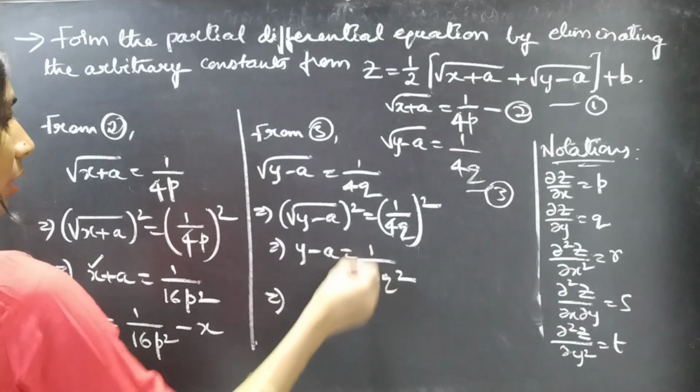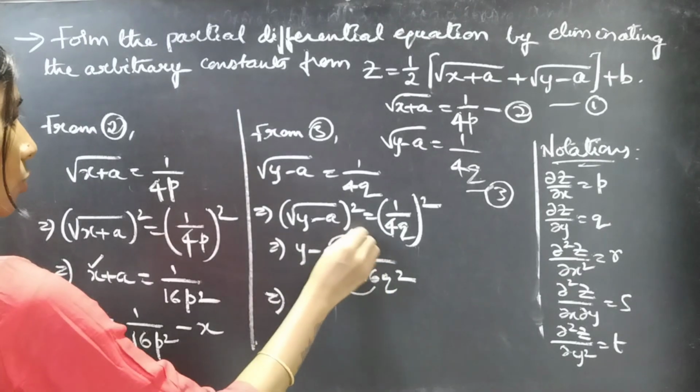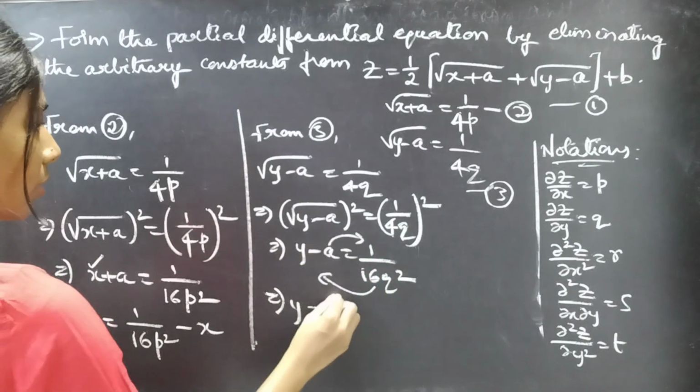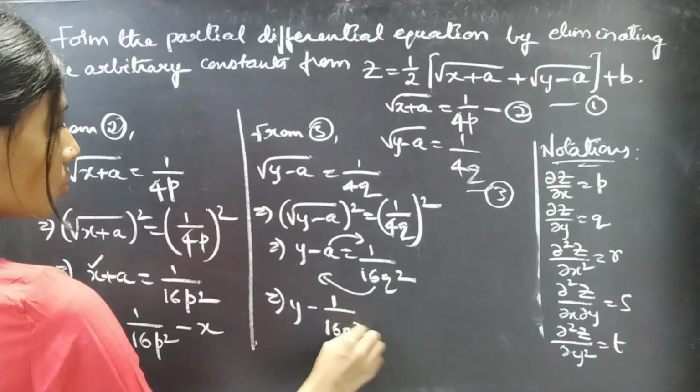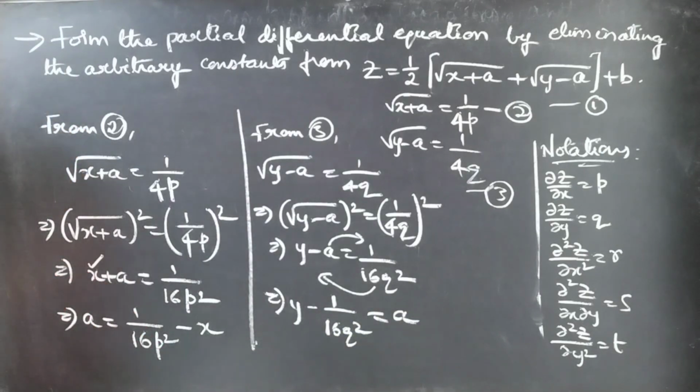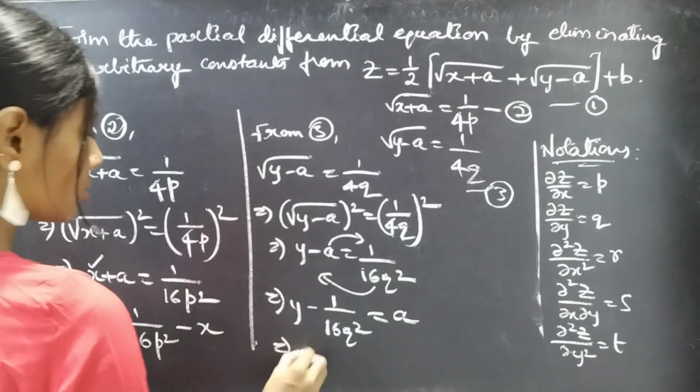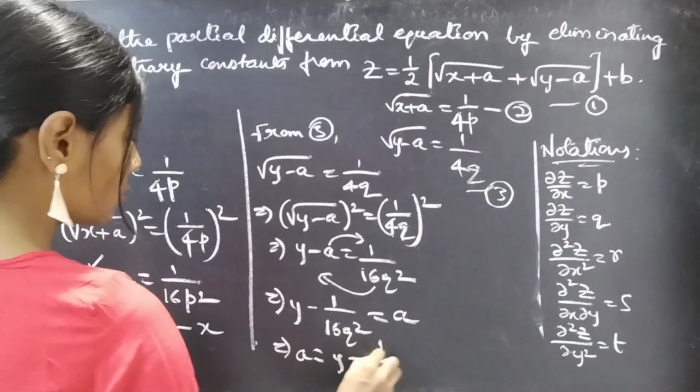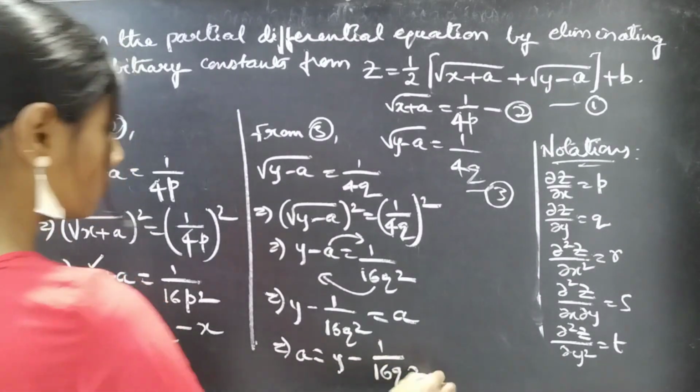Now bring this term to LHS, take this a to RHS, you'll get y minus 1 by 16q square equal to a, right? So you have a equal to 1 by 16 p square minus x and a equal to y minus 1 by 16 q square.